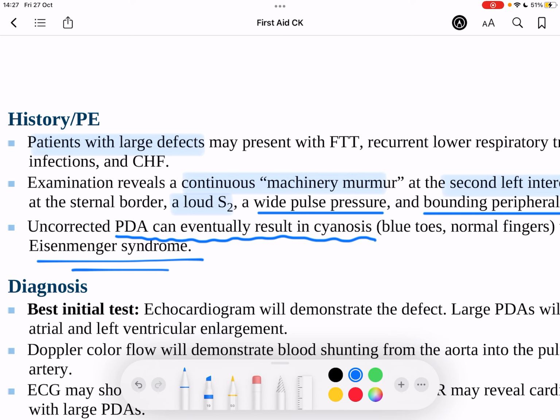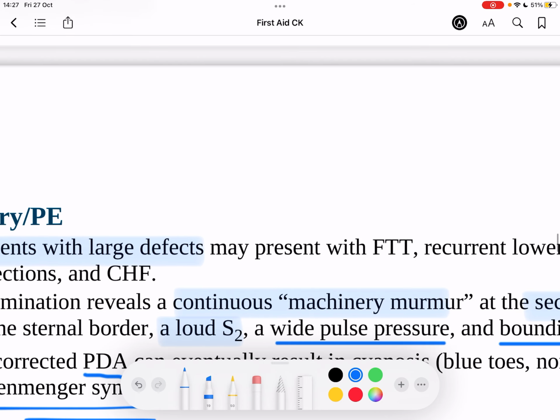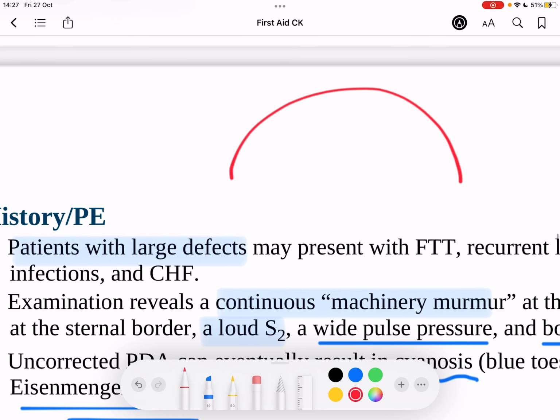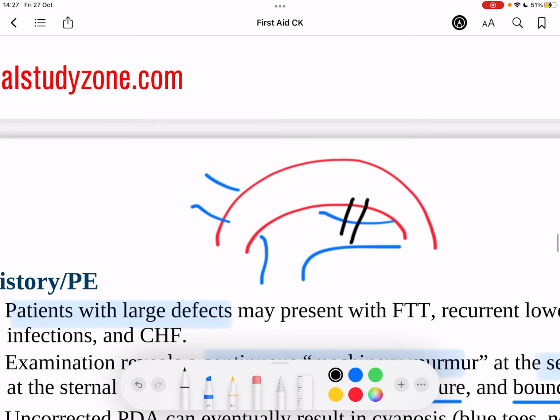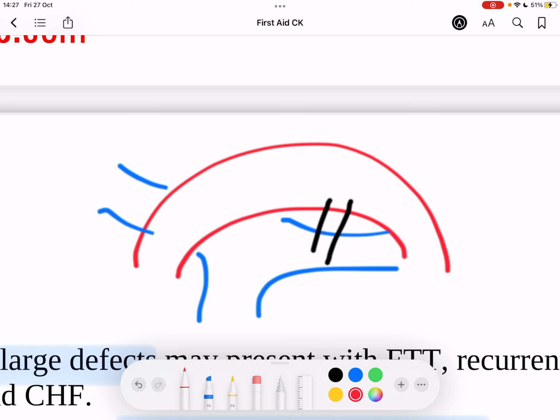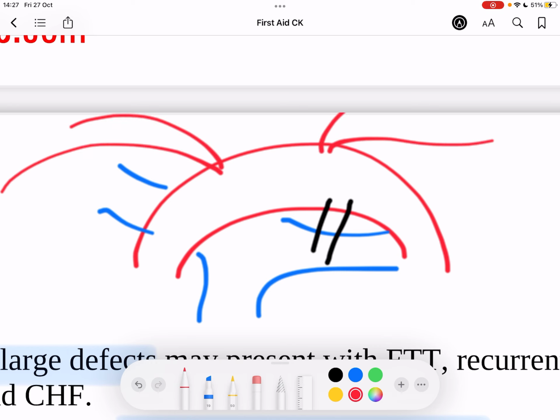However, if you have a look at the anatomy of the aorta, and then the anatomy of the pulmonary artery, the ductus arteriosus is here, okay? So most of the branches that are going to the head, to the arms, have already branched off, okay?